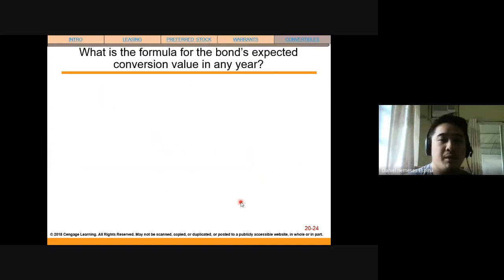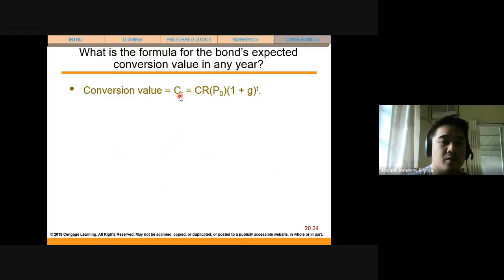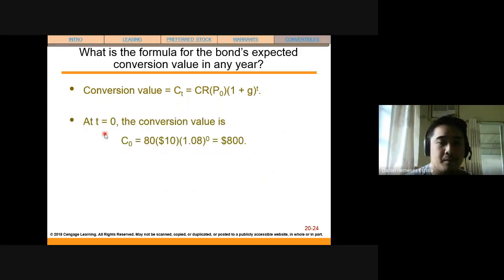What is the formula for the bond's expected conversion value in any year? So how to get the conversion value? C sub t, where t is the time: 0, 1, and so on, equals the conversion ratio multiplied by the price, multiplied by 1 plus the growth rate raised to t.